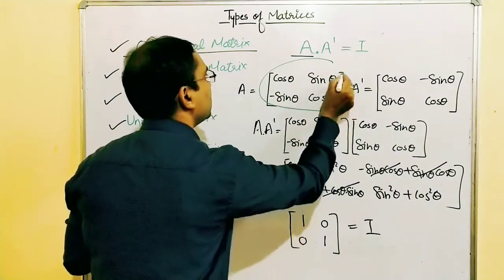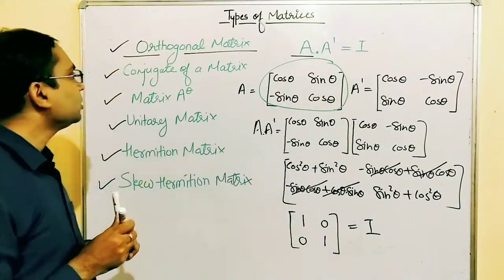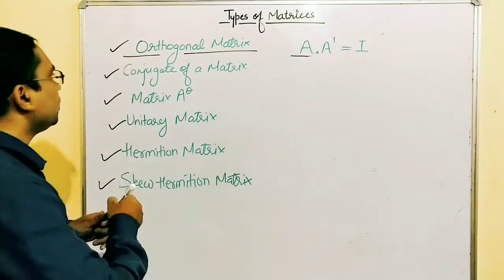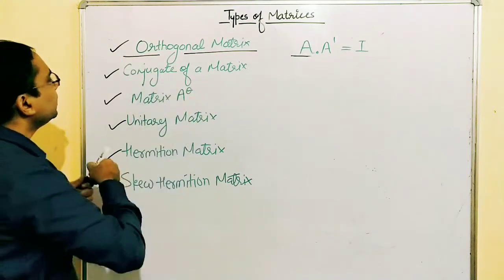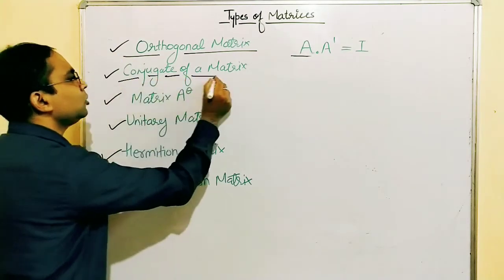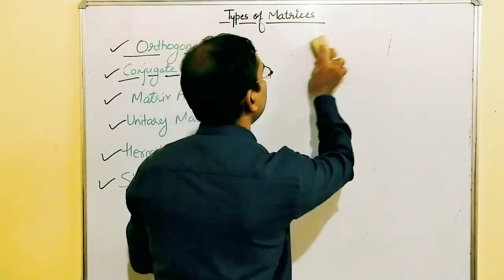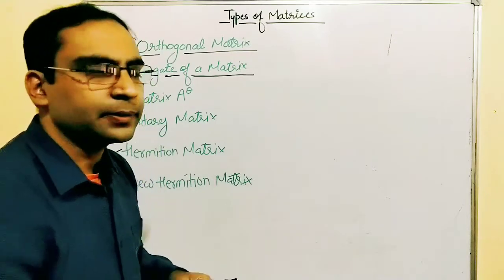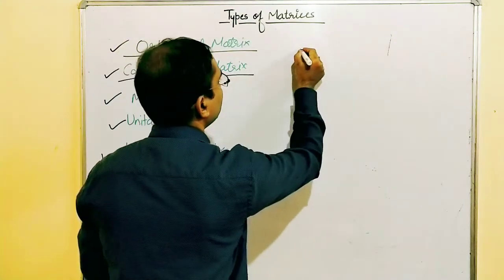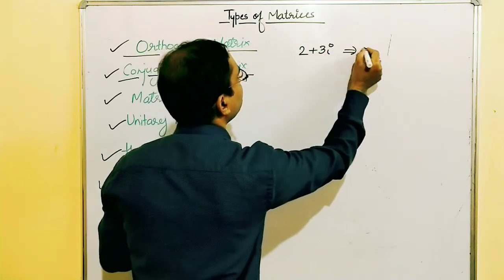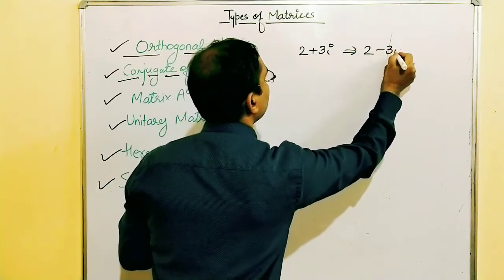So here we have the first definition, that is the orthogonal matrix. The next definition is the conjugate of a matrix. Before we talk about the conjugate of a matrix, let me tell you what we mean by the conjugate of an element. If we have a complex element, let's say 2 plus 3i, then its conjugate will be 2 minus 3i.